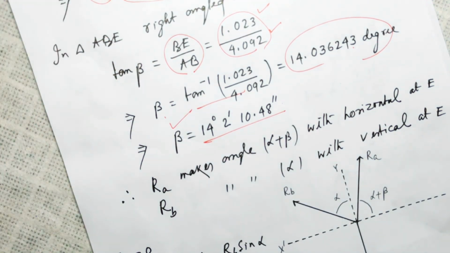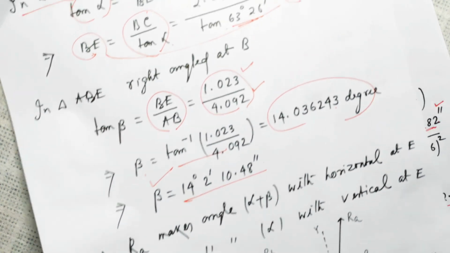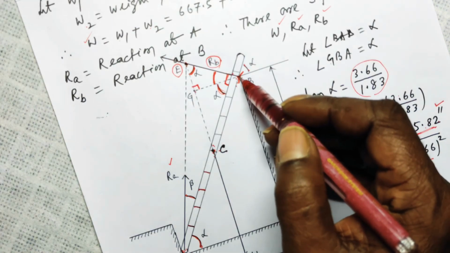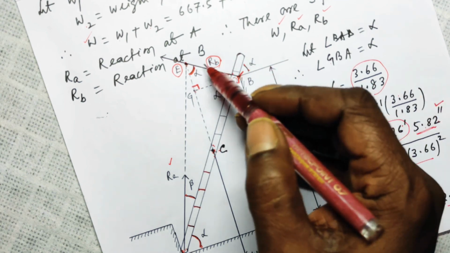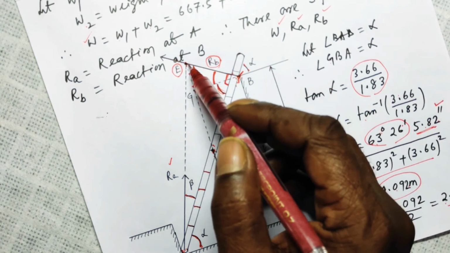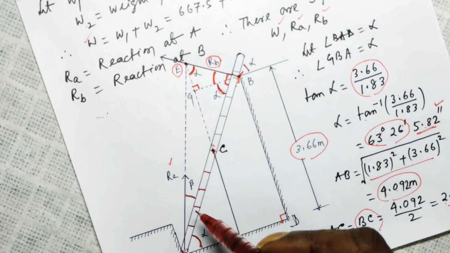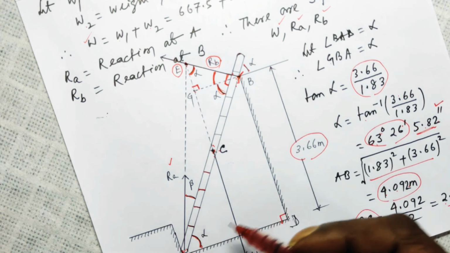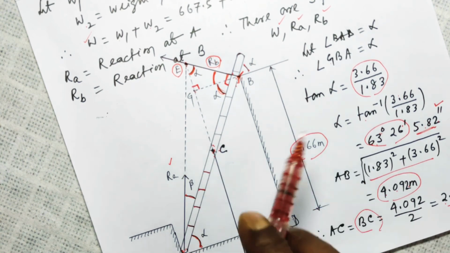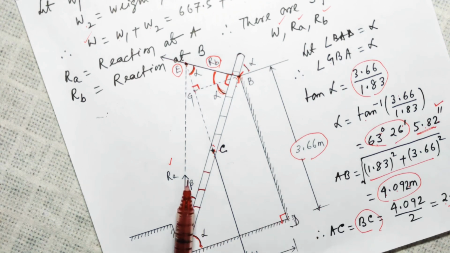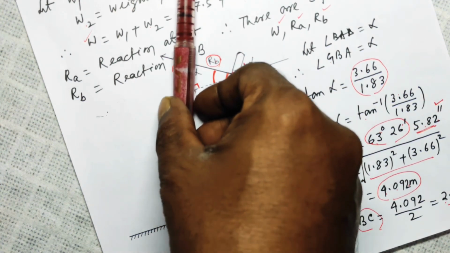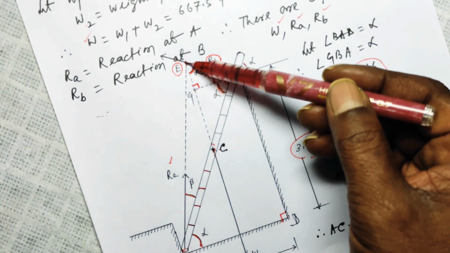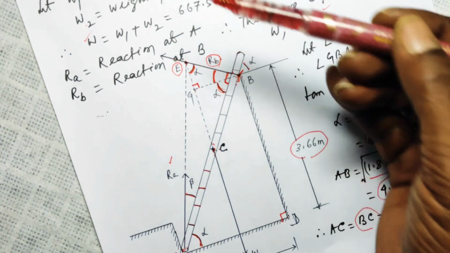Now let us draw the free body diagram at this point, at point E. At point E, you can shift RA parallel to itself, and show it at point E pointing in this direction.